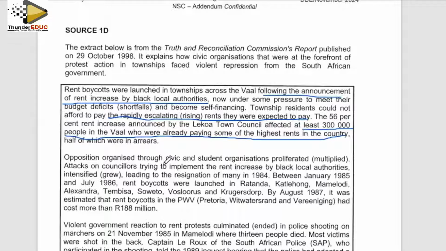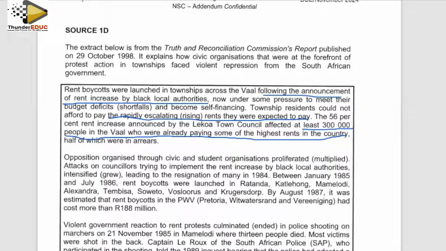The rents were the highest in the whole of South Africa for the people in the Vaal. So they could not afford to pay such rents because some of them were already in arrears. Half of the 300,000 had arrears. They did not clear the backlog of their rents, which were due. And at the same time, they were supposed to pay those escalating high rents. So they had no option but to boycott the rents because they could no longer afford them, for such a reason that the rentals were too high. They were high to the extreme that they were the highest across the whole spectrum of South African society. So they had no option but to boycott for those reasons.